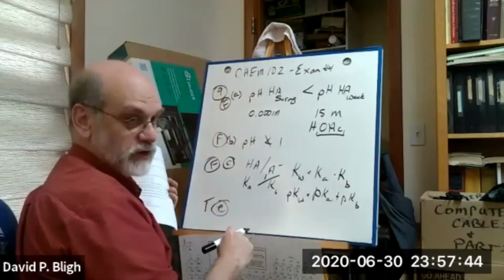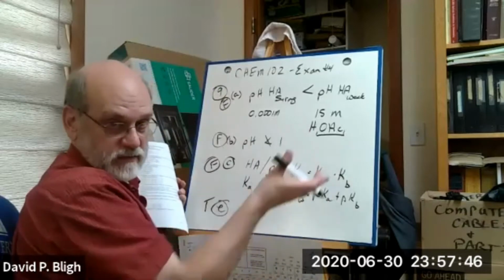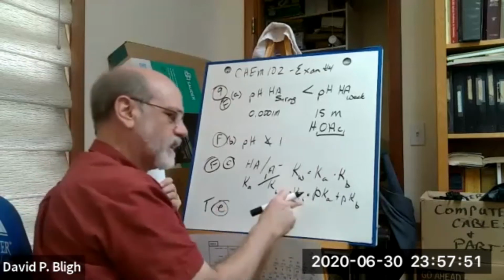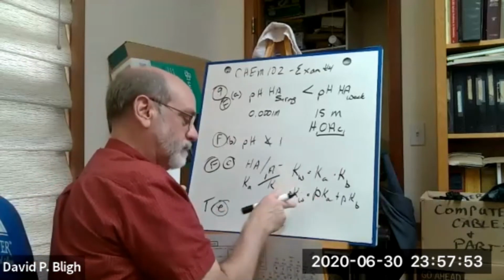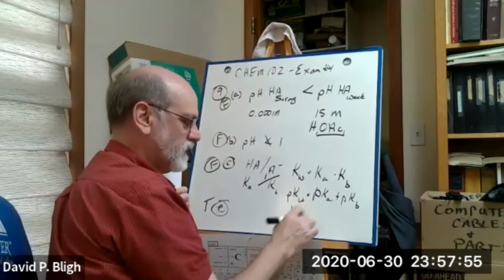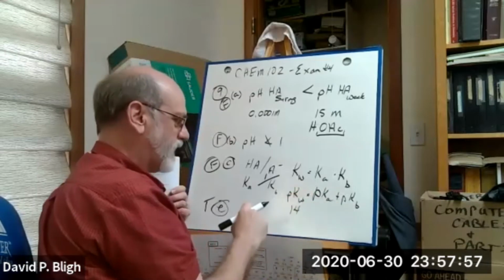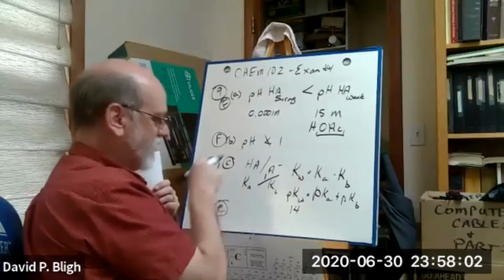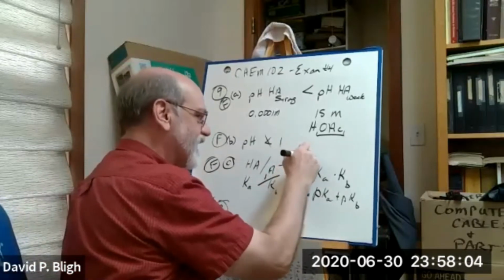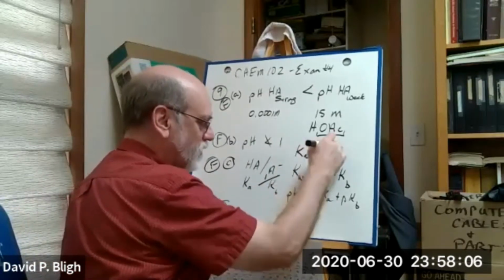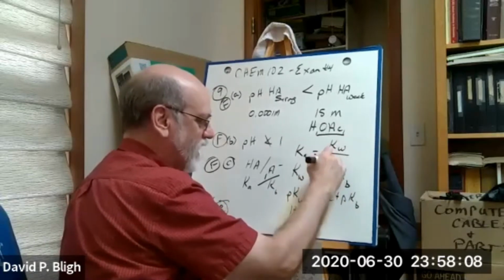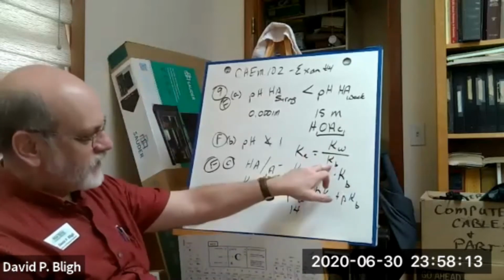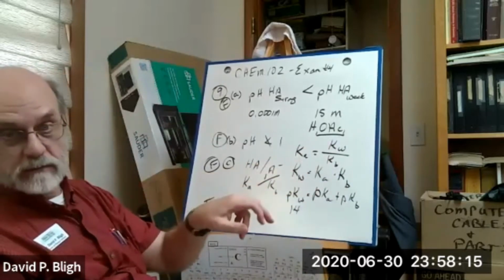When you take the log of a product, you get a summation. That's why the plus instead of the multiply. So if this is 14, then the sum of these two always has to be that. So how do we use this to find that? Ka then is this one divided by that one. Or you could say this one is equal to that one divided by that one. Either way works.